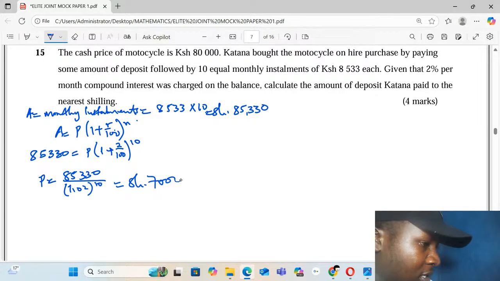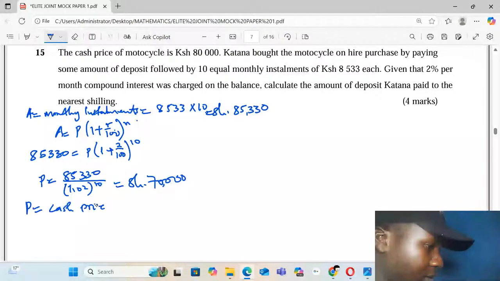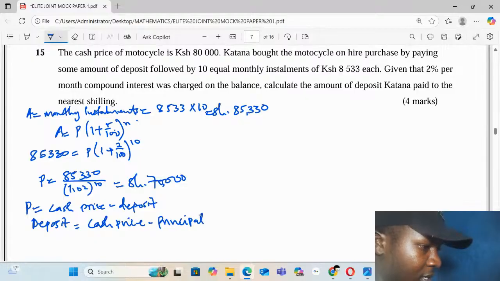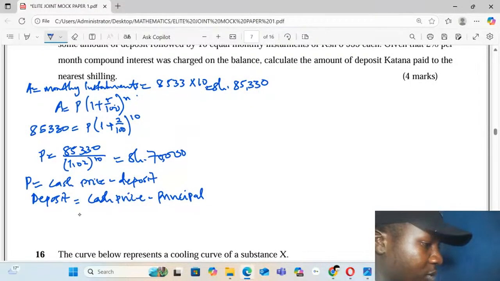shillings. That is the principal. The deposit is the cash price minus the principal, so the cash price is 80,000, which we are given, minus the principal that we have now, which is 70,000.